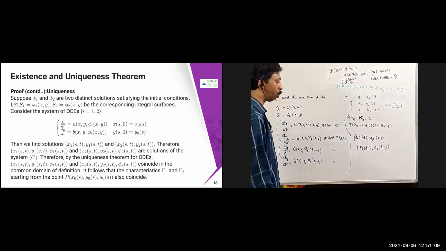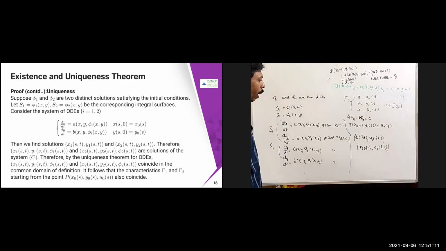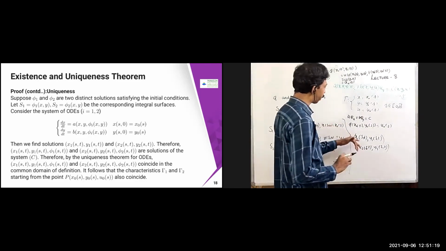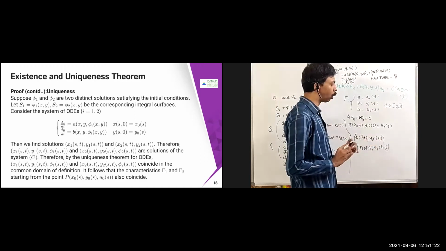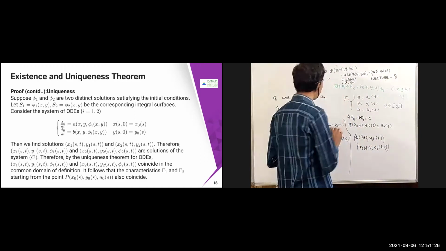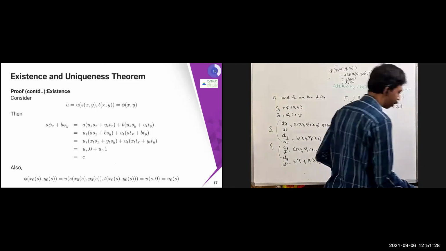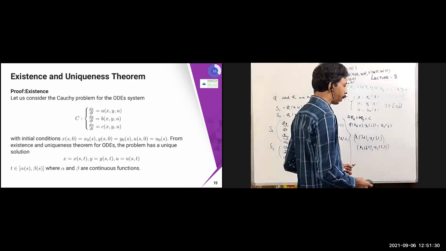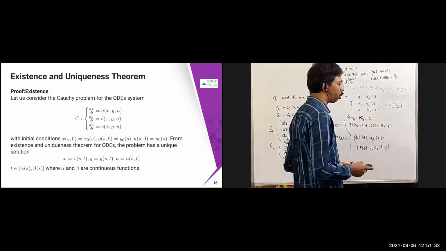So two solutions are there. Therefore, x1, y1 and x2, y2 are going to be the solutions for this characteristic system, meaning for the Cauchy problem of the linear PDE. With this Cauchy problem, there are two solutions you are going to get.